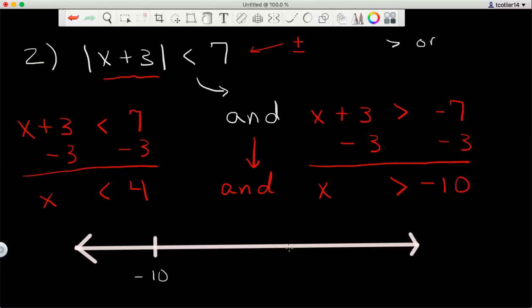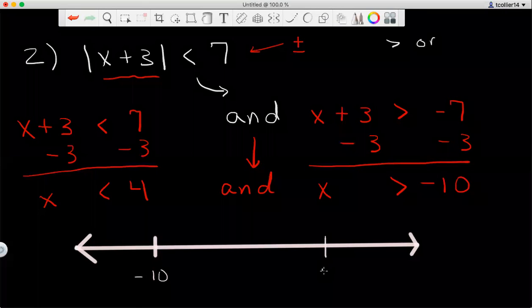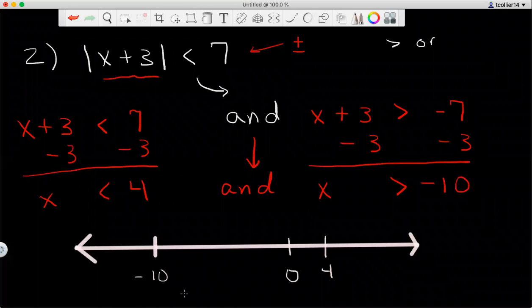Yeah. Let's put negative 10 right here, and let's put 4 over here, which would mean 0 is probably like right here. Okay, so I've got my two numbers where they should be.